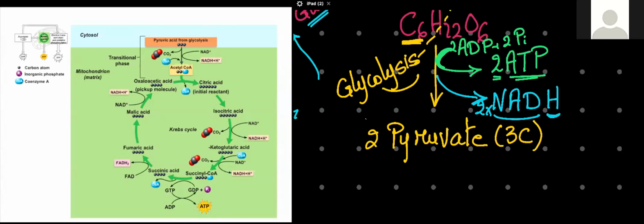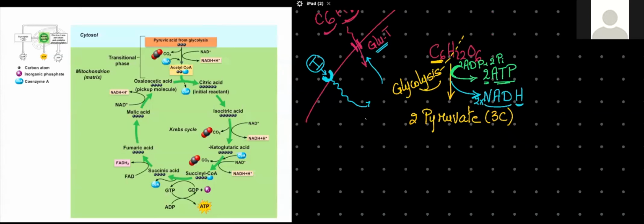Actually, it's not that easy. We have many reactions that will be taking place in here just to transform a glucose to 2-pyruvate. This is a very simplified reaction. Actually, we have multiple reactions on here.